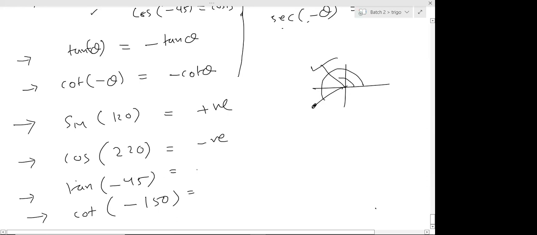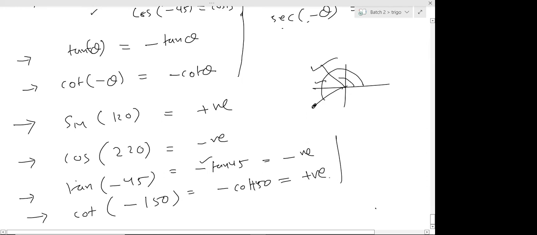So I can write this as minus of tan 45. Tan 45 means first quadrant. So this is negative because of this minus sign. Cot of minus 150. So I can write minus cot 150. 150 is in second quadrant. In second quadrant, cot is negative. So the final value will be positive.